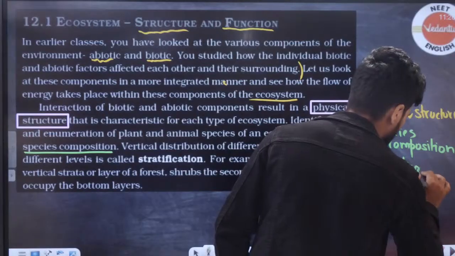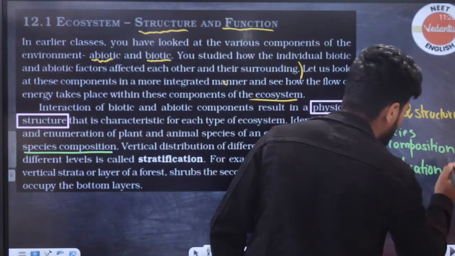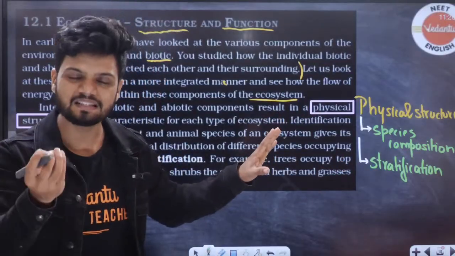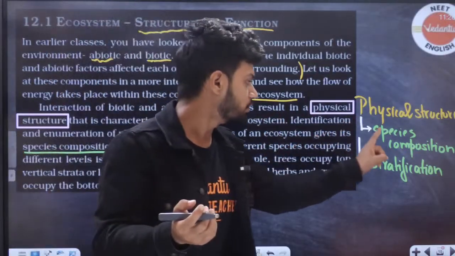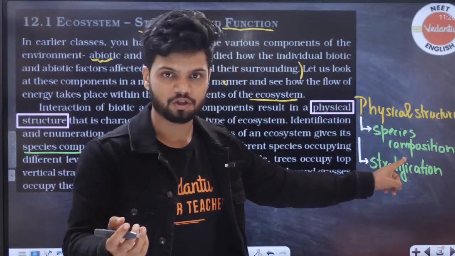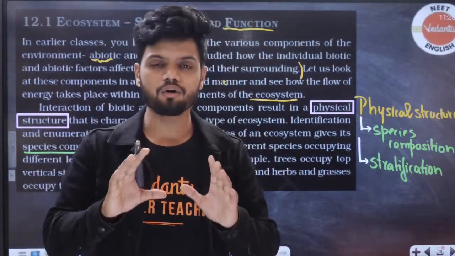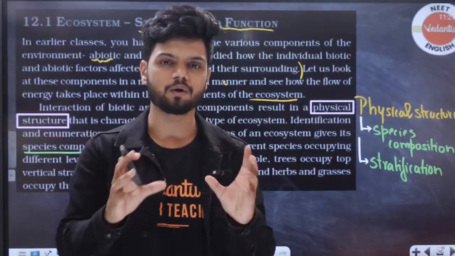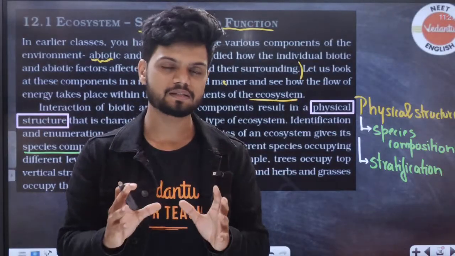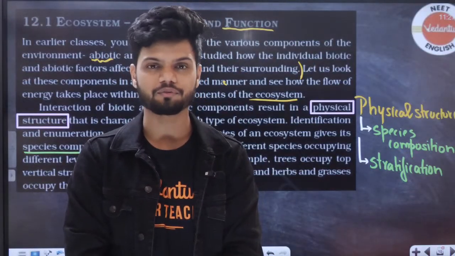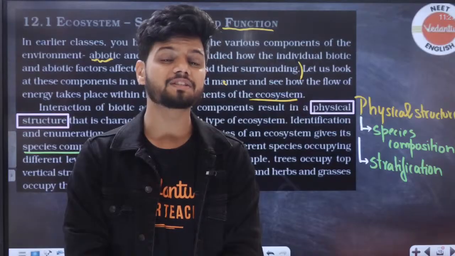Stratification. Now, what is the difference between stratification and species composition? You will understand now. First I'll tell you what is species composition. For example, when you look outside your house, if you have trees, can you count the number of trees? Can you count which type of tree it is?